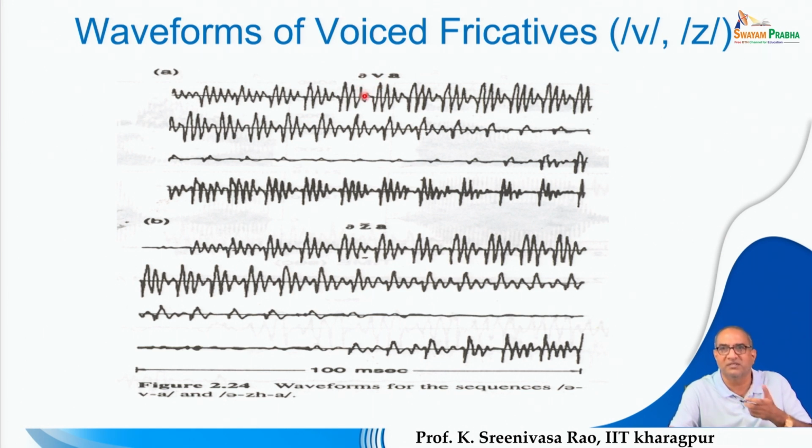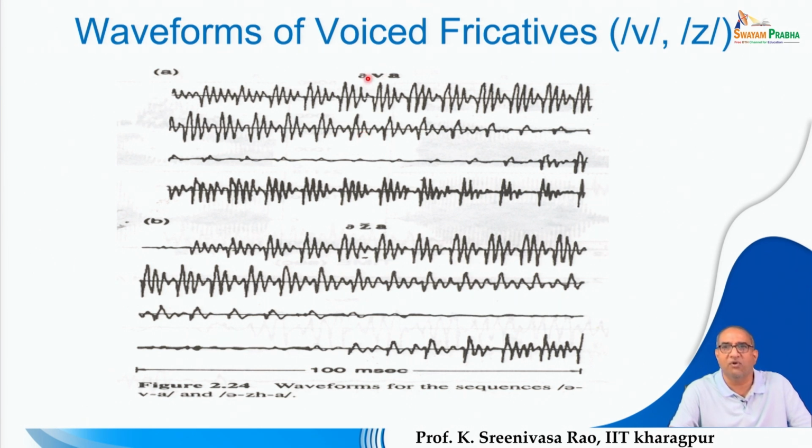It's a nonsense word because it does not have any meaning, and this is for analysis purposes. We recorded the voiced or unvoiced fricatives between two vowels. Not only that, we have seen even the nasals also, where we kept a nasal in between two vowels and recorded that, and we observed what the time domain characteristics are and what its spectral characteristics will be.